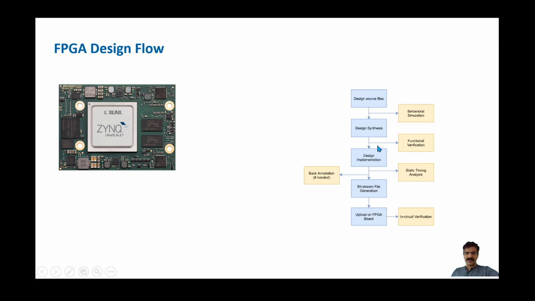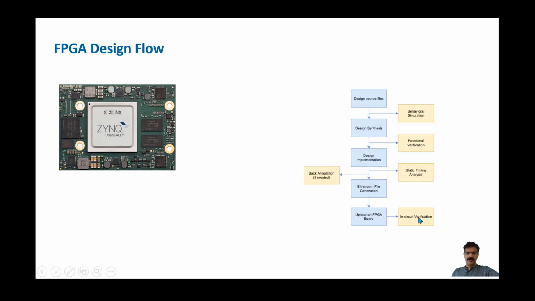Then you have to implement the design for the particular kit, and you can perform static timing analysis on it, and back annotation if needed. That means if you have some timing issues, you can back annotate the design and come back from the synthesis step. Then you finally generate a bitstream and upload it onto the FPGA board, and do in-circuit verification, which you can see on the circuit.